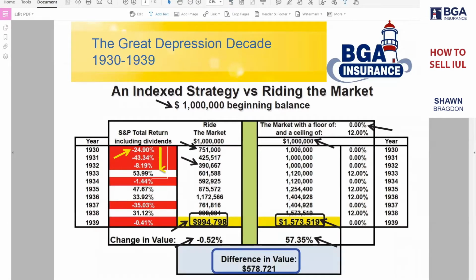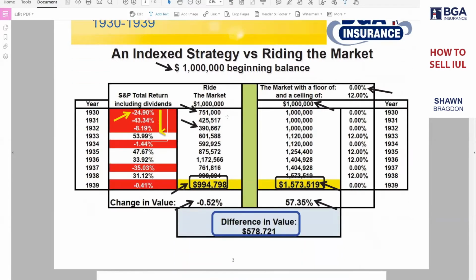By contrast, if you had $1 million in a product with a zero floor and a 12% cap, you did pretty well. You made almost $600,000 in what many people might say is the worst 10-year market we've had. So even in very poor markets, you can get some positive rates of return with an index UL product.